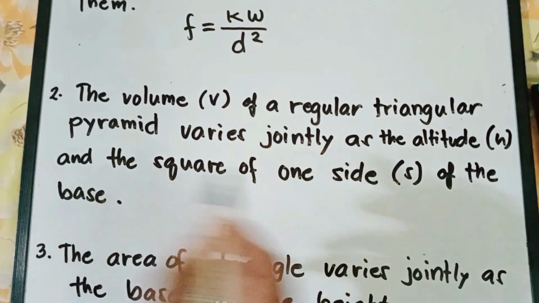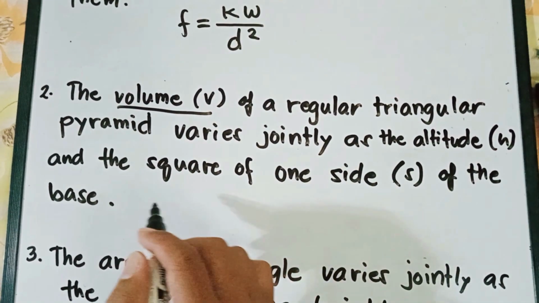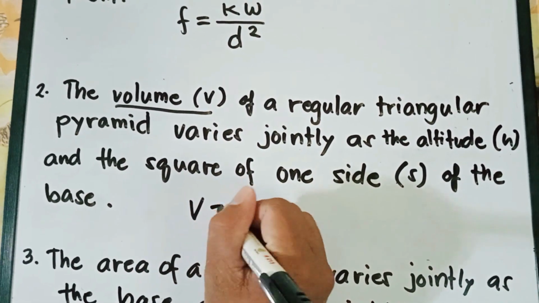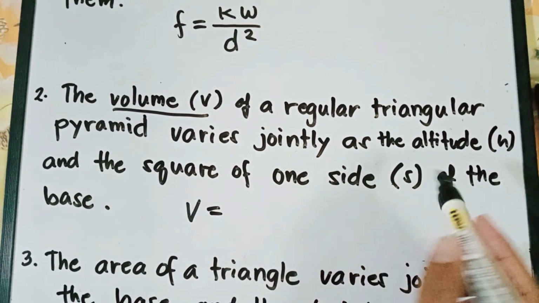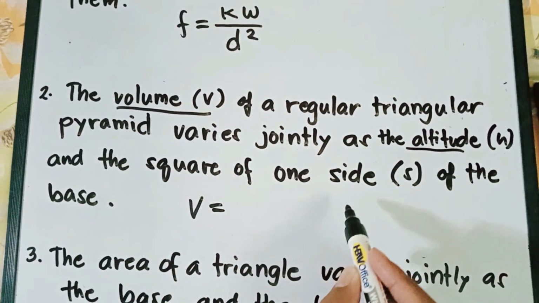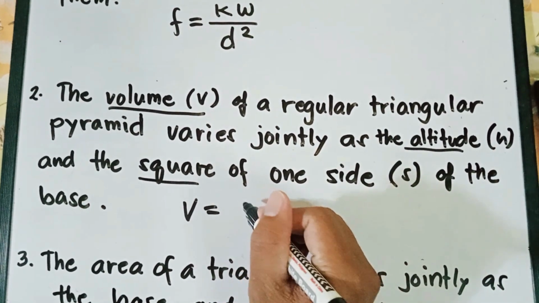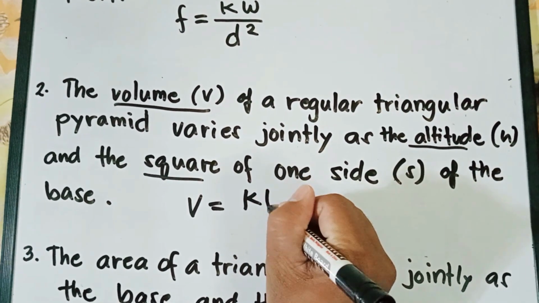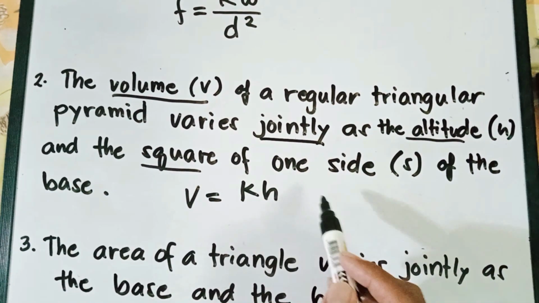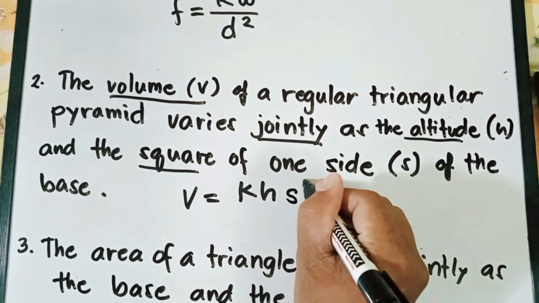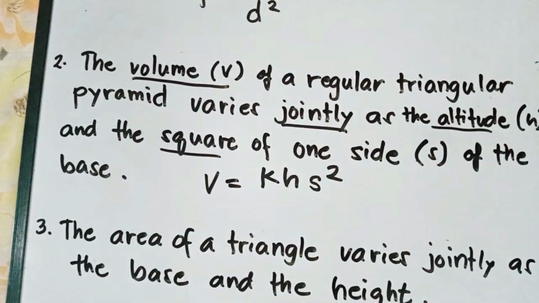So we have B equals k, varies jointly as the altitude H, and the square of one side S, so we have S squared. So B is equal to kHS squared.